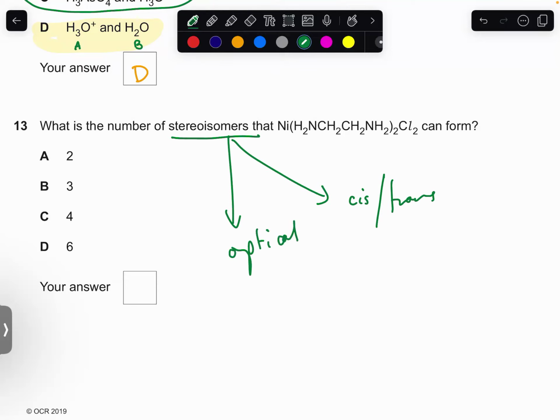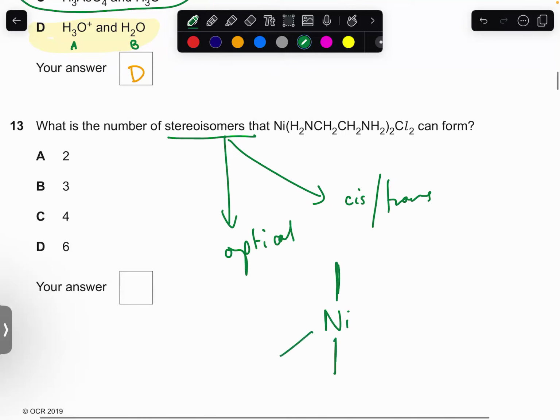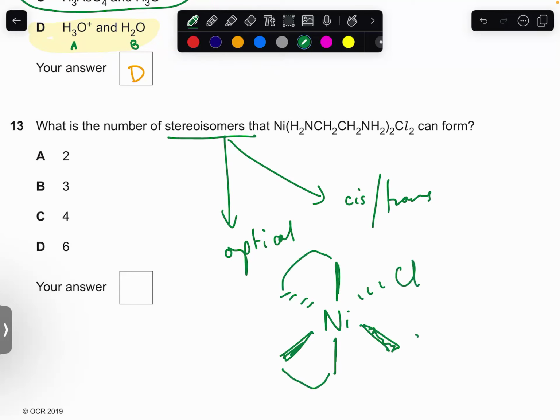So when you've got a complex ion that has two bidentate ligands and two monodentate ligands, I think the charge is neutral overall.